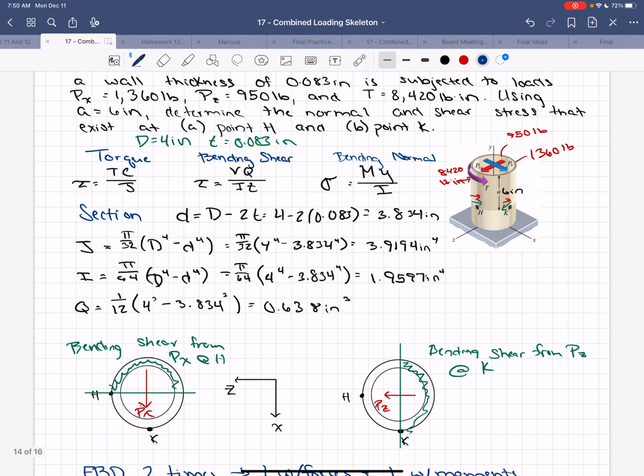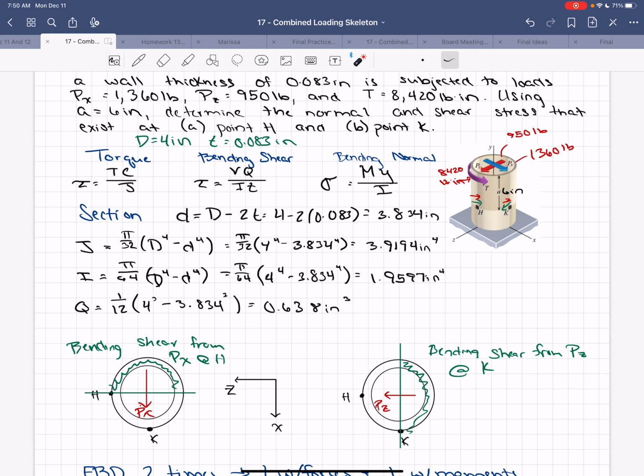So we know that at point H here, we identified that this green line here is a shear from PX.